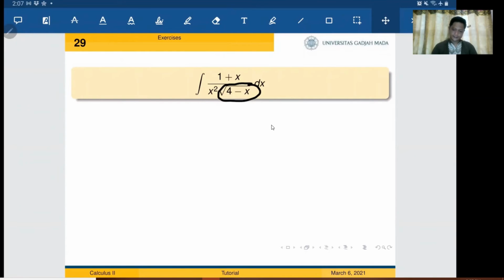And it's clear for me that I have to do substitution for this one, in my opinion. But if you want to try another technique, it's also fine. Because in mathematics, as long as your step is valid, that will be true. So it's not fixed. You can do anything that you want, but the goal is to find the antiderivative.